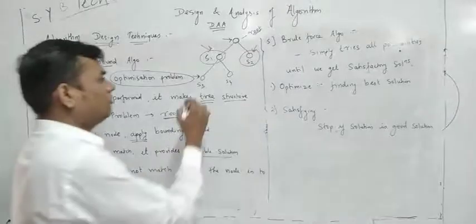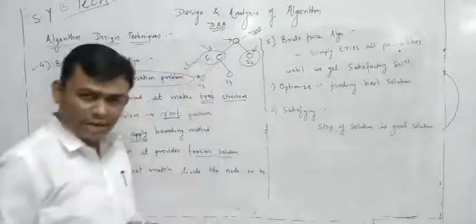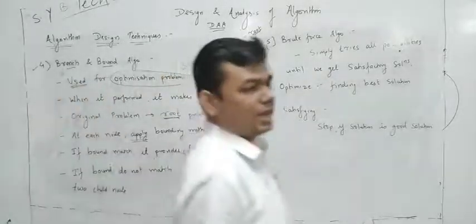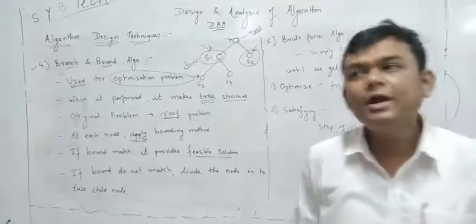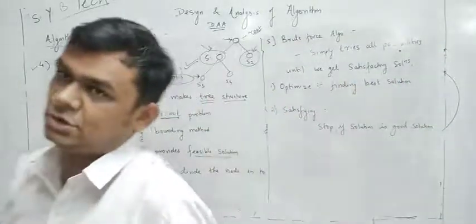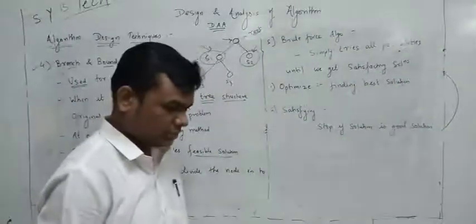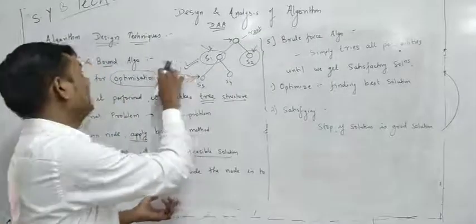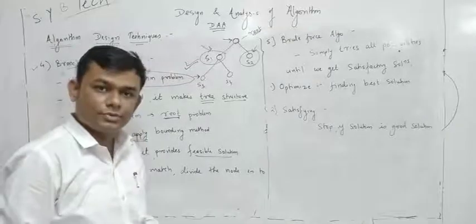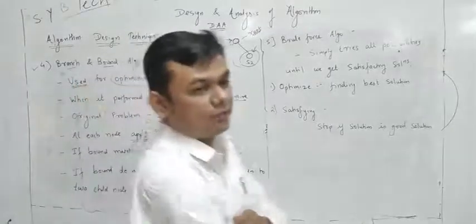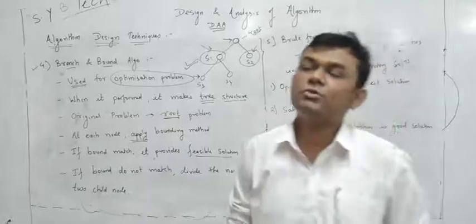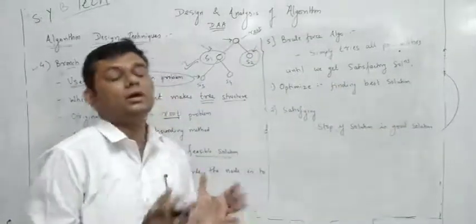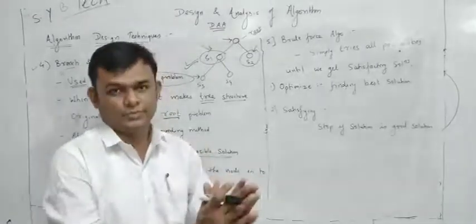So students, where do we use the branch and bound method? In the last lecture I already gave the example of the shortest path algorithm. The shortest path algorithm is a great example of the branch and bound algorithm. For example, when we decide to go from Dhule to Pune, there are lots of paths, and from them we choose the best one.